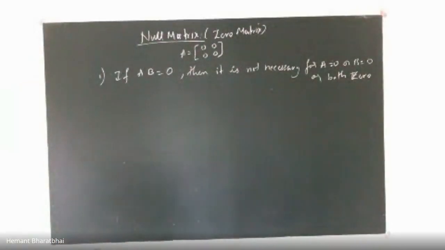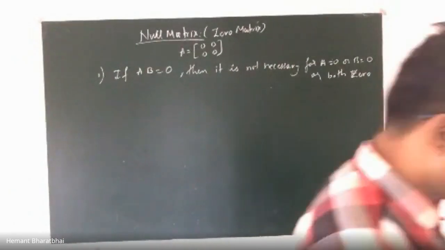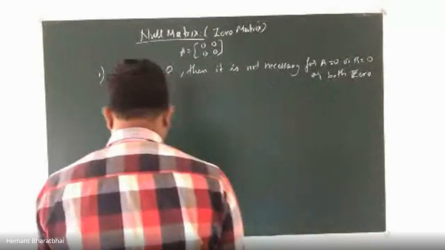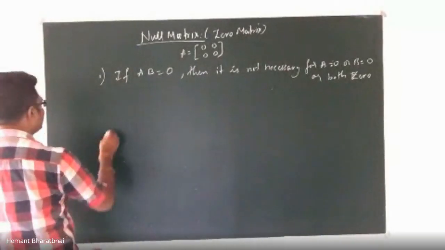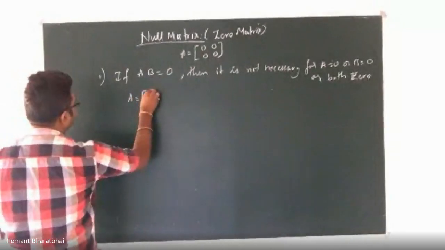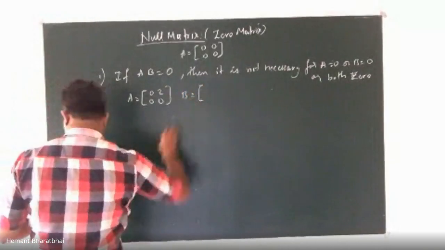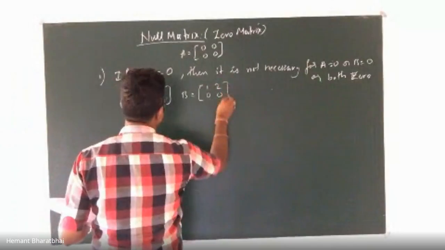So let's see one example where this particular thing is going to happen. Let me just prove it to you. If I take a matrix something like this, the matrix A is [0, 2; 0, 0], and my matrix B is [1, 2; 0, 0].